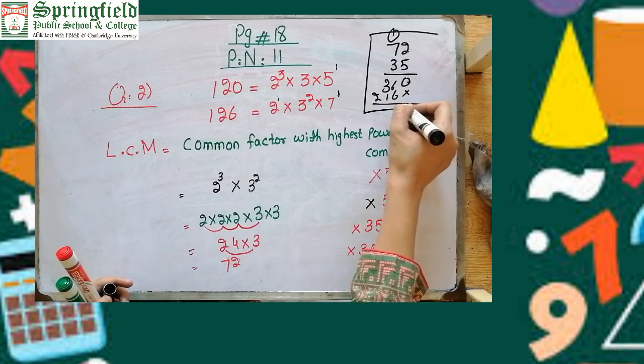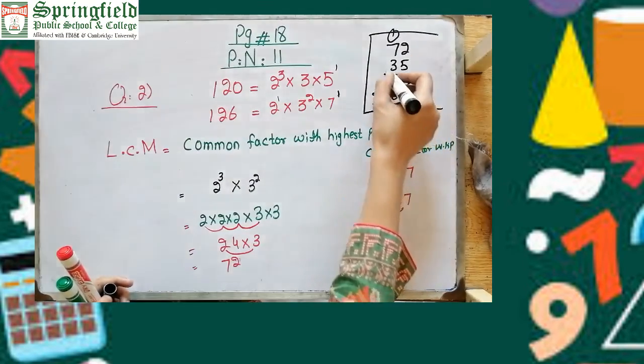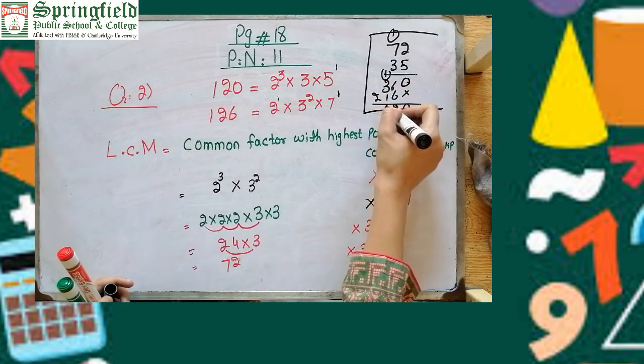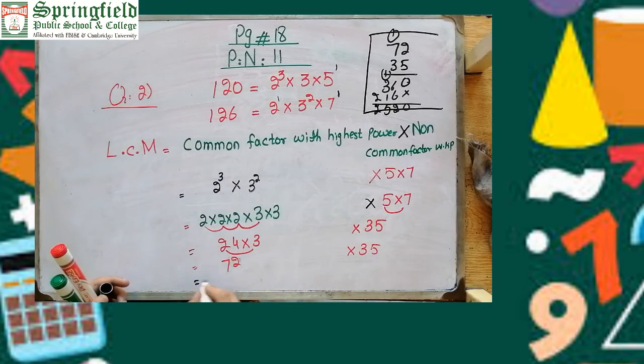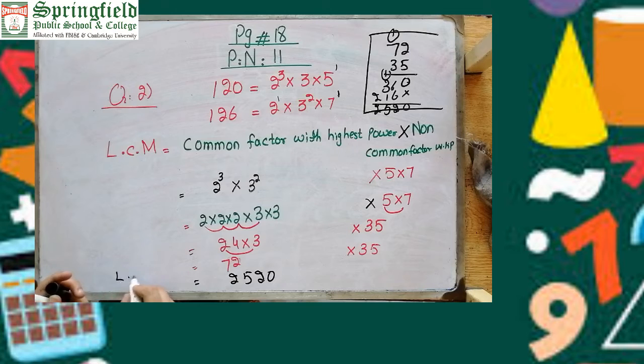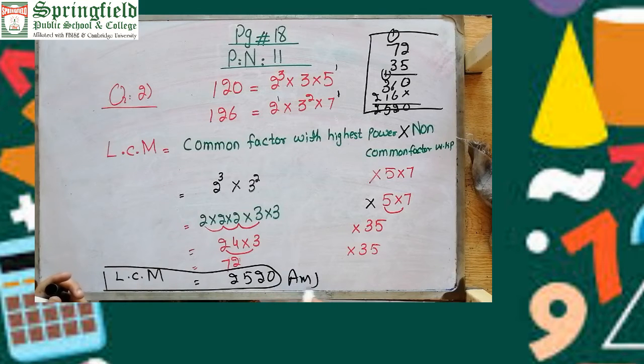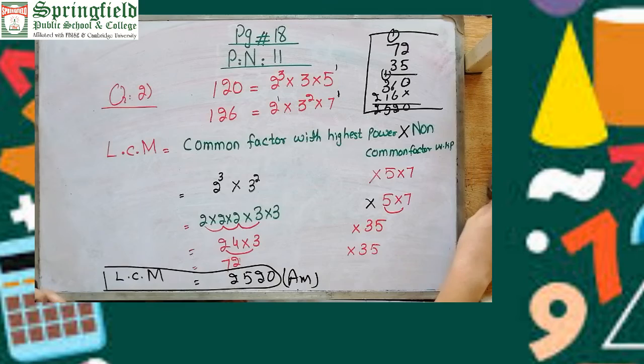So it means 0, 6 6s are 12, 3 1s are 4 and 5 2s are 2. 2520. 2520 is the least common multiple, and this is your answer. Understood, beta? Okay.